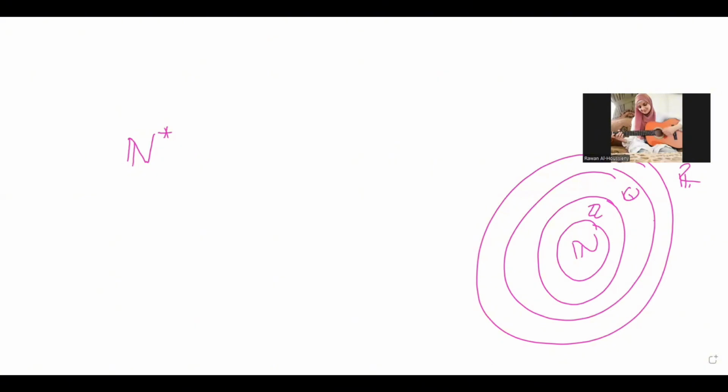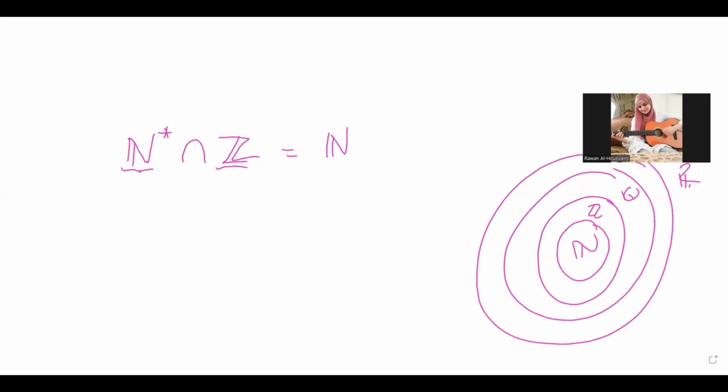If we have N star intersecting, let's say, the set Z. In this case, we said that we have to take the smaller set, which is the set N. However, we have to pay attention to the star symbol.